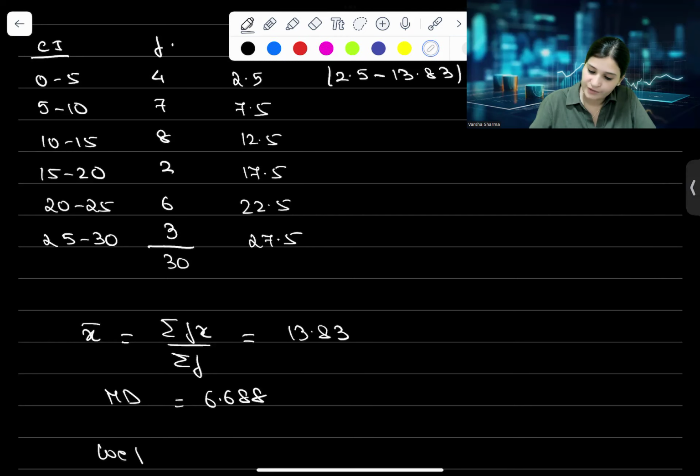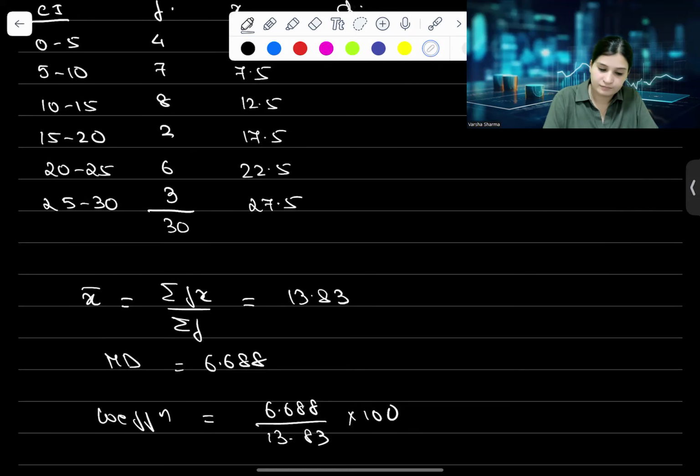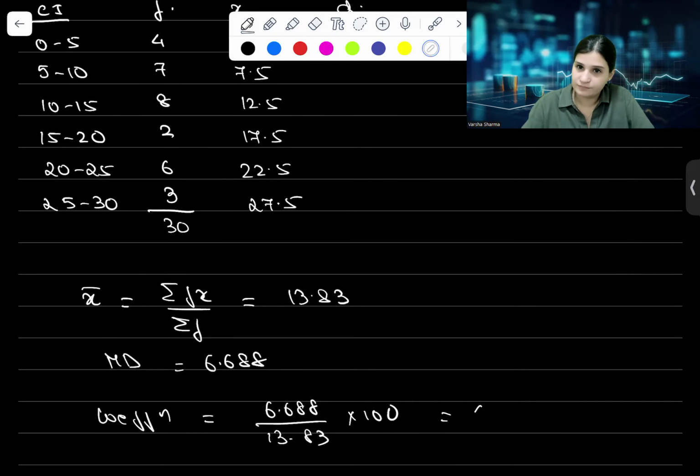So coefficient will be 6.688 divided by mean into 100. Answer. 48.36.